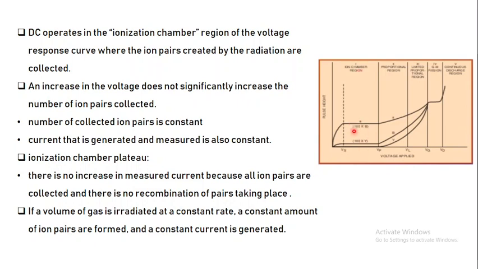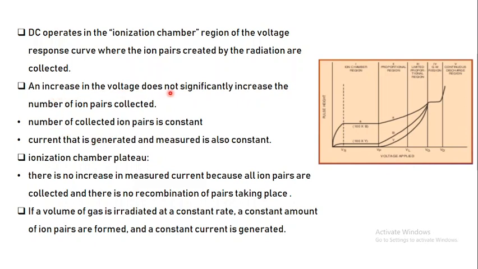So here if we increase the voltage from this point to this point, you can see that the increase in voltage has no effect on the current; it is constant. The increased voltage does not affect the current, but it only prevents the recombination of the ions to form neutral molecules.